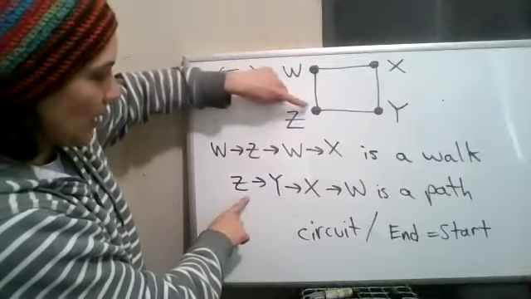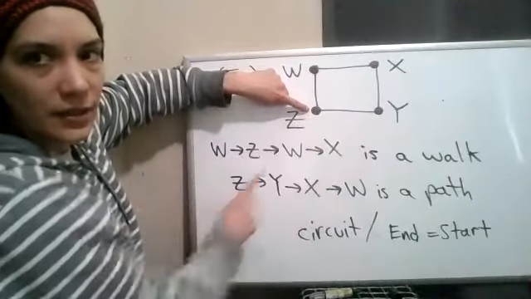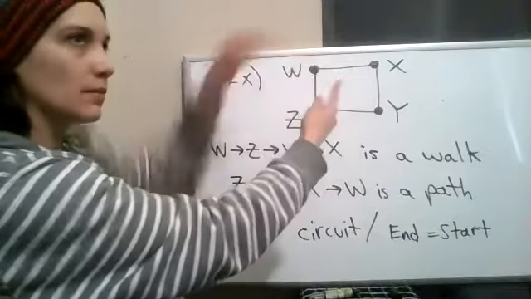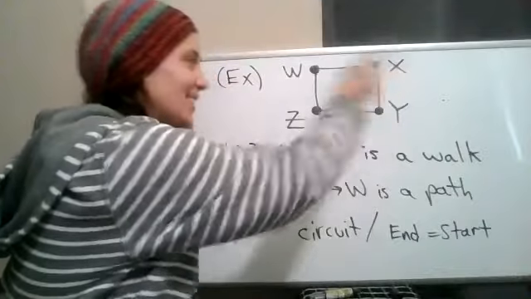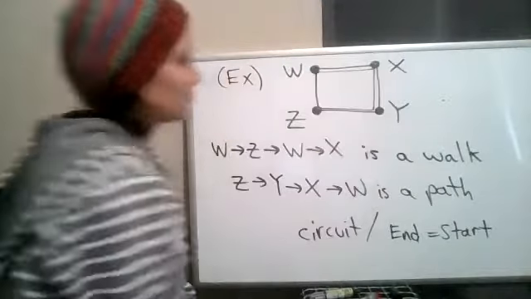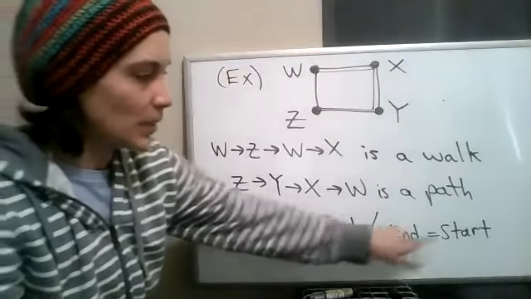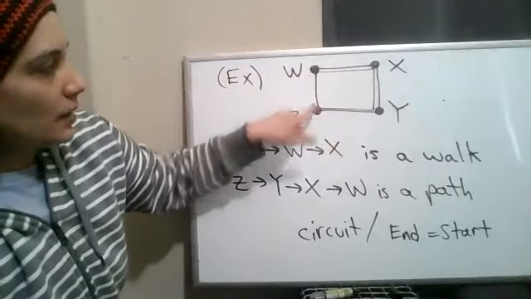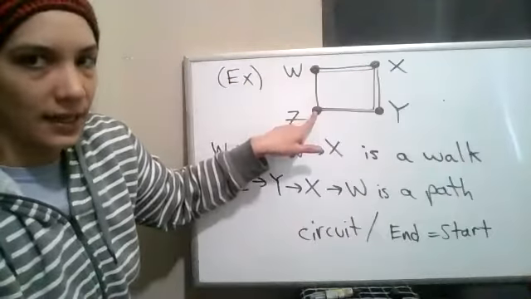So the sequence is okay. Each vertex is connected to the other by an edge. Sorry, Z to Y, Y to X, X to W. So going like this. Okay, a circuit needs the end to be the same as the start. So we can go Z, Y, X, W back to Z, and then stop.